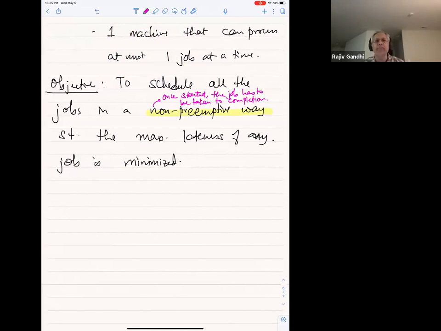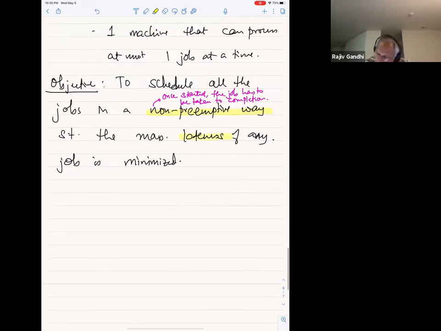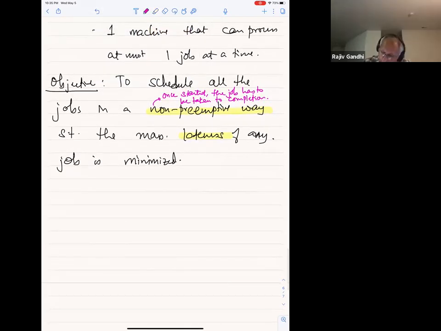You cannot say, I will start the job, stop, and then process another job and then start this later. You can't do that. Once you start, you have to take it to completion. That's called non-preemptive, such that the maximum lateness of any job is minimized. What is the lateness of a job? The lateness of a job is the completion time of job j minus the deadline of job j. And if the lateness becomes negative, because the job may complete before its deadline, then we say that the lateness is 0.